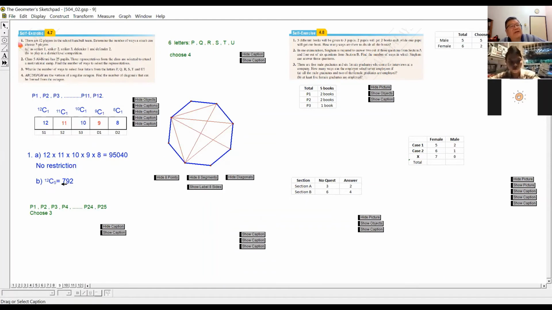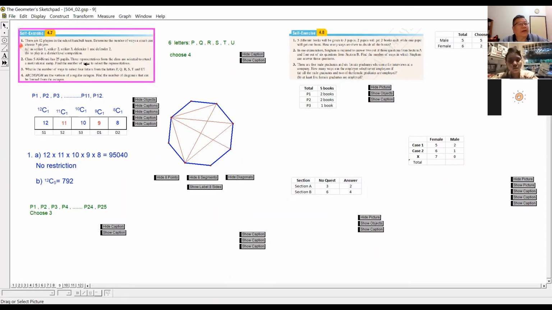Okay, 12 choose 5 to go inside the team. So 12 choose 5 is 792, right? You can use the calculator for shortcut like this. But some special numbers you have to remember, like 12C1, 12C12, 12C0, 12C11. If the number is bigger and you want to calculate, you can use the calculator, right?